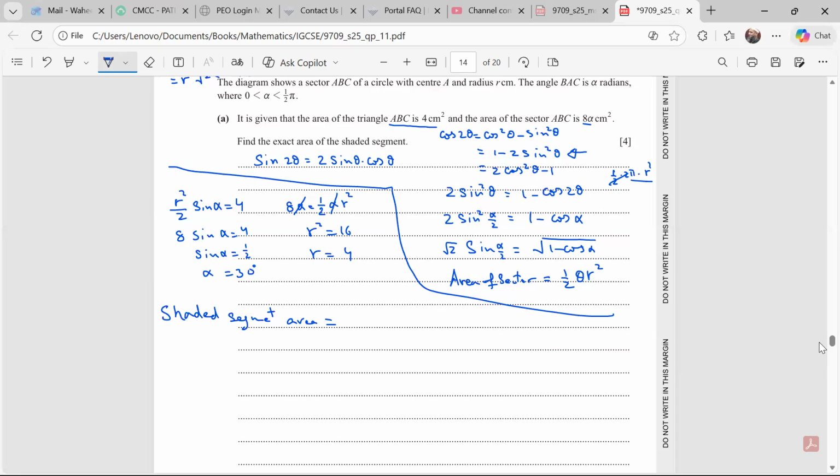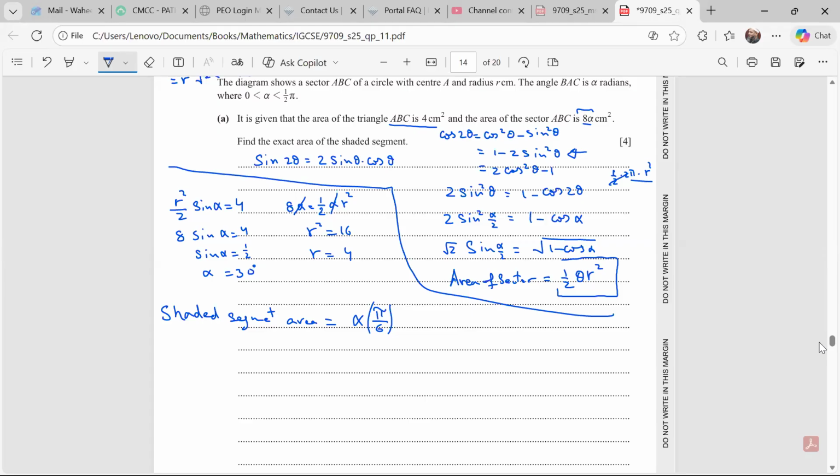Remember, when I am talking about 1 by 2 theta r square, this theta is in radians. Very important. Very common mistake. So anyway, this is the area of the sector.